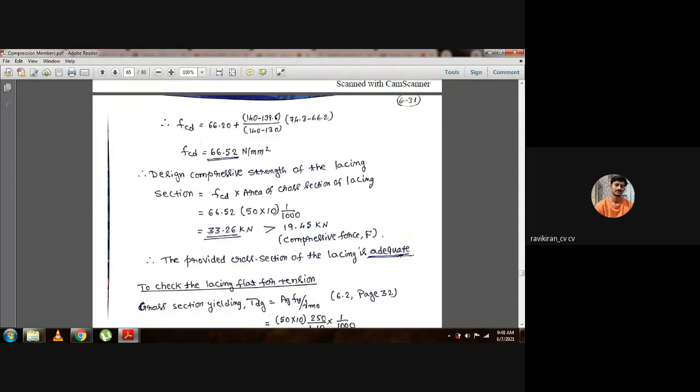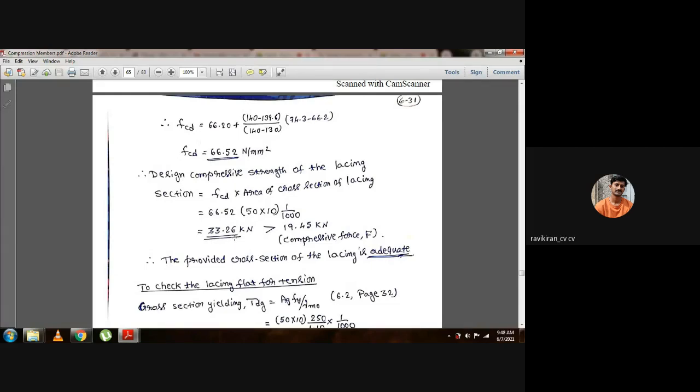So fcd for lacing is 66.52. Cross sectional area of lacing is breadth 50 millimeter and thickness 10 millimeter. Area will be 500 mm square. So the load carrying capacity of that particular section, that is lacing, is 33.26 kilonewton.